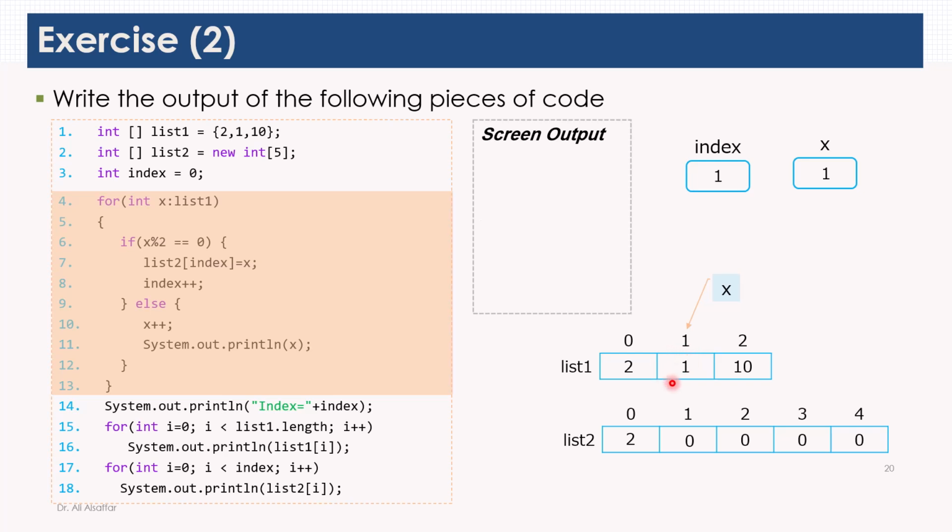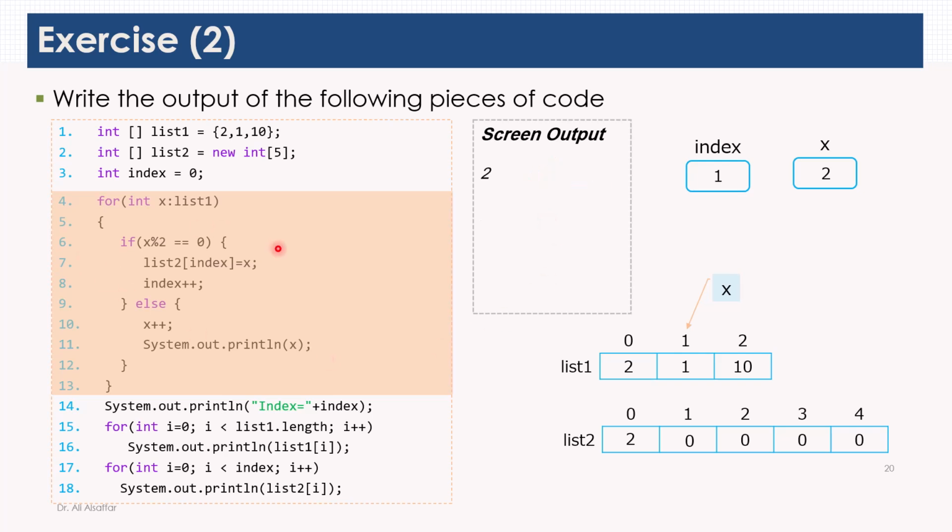The 1 inside the array is not the same one that is inside x. x has only a copy. So when we change the value of x at line 10 and it becomes 2, the value inside the array is never changed, because x receives only a copy. And when we go to line 11, we are printing the value of x, and the value of x is 2, so therefore on the output screen we are going to have 2.